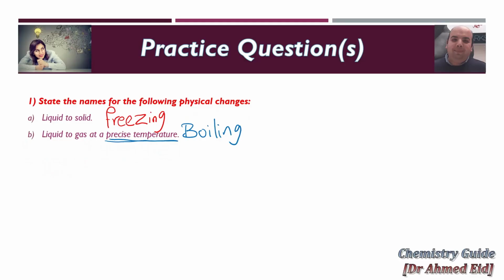Change from liquid to gas at any temperature is called evaporation, but at a precise, specific temperature, it is called boiling. And the change from gas to liquid is called condensation.